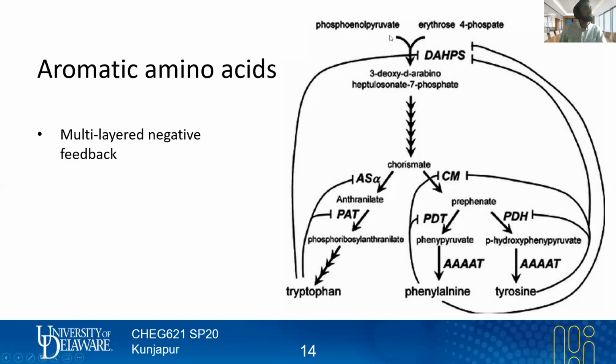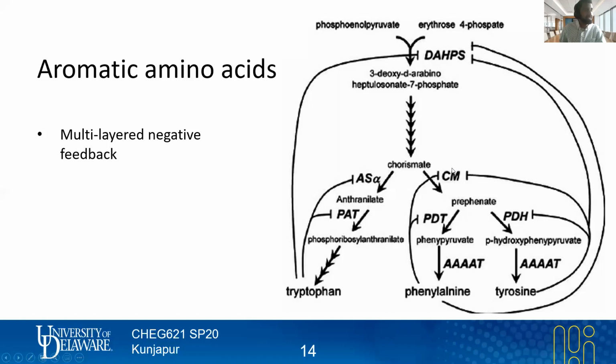And so it's just to reorient you, here's PEP, E4P, you've got your DHP, chorismate, tryptophan, phenylalanine with the typo, tyrosine. And what you predominantly see is one kind of regulation over and over again. There is no step shown here subject to positive regulation. This is all negative regulation.